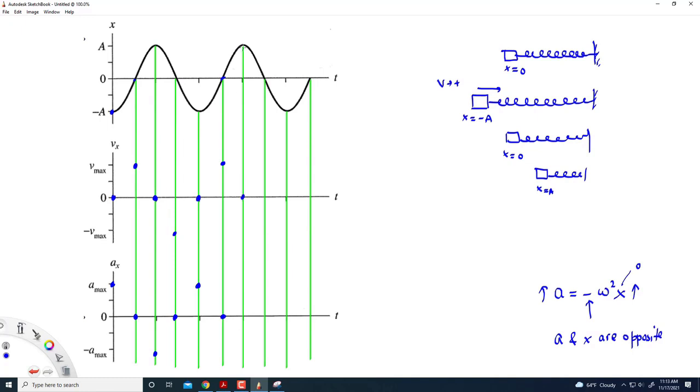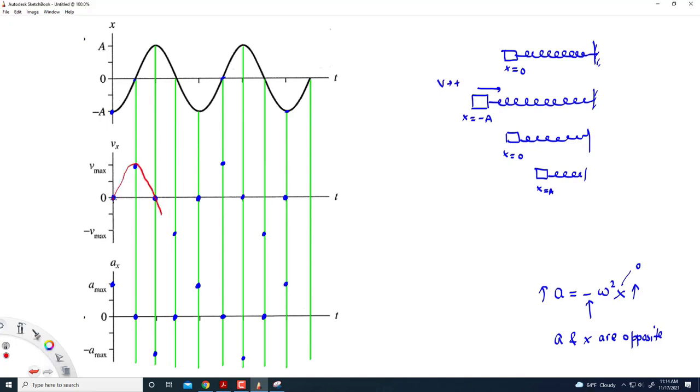Acceleration would also be maximum, but it would be down, negative. At equilibrium, velocity is maximum. Acceleration would be 0. At negative maximum, velocity would be 0, but acceleration would be maximum, and positive. Okay. So now connect those dots.